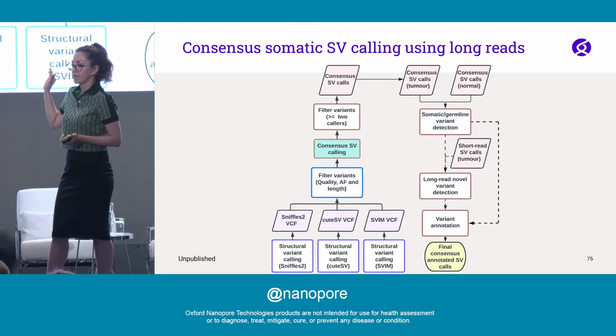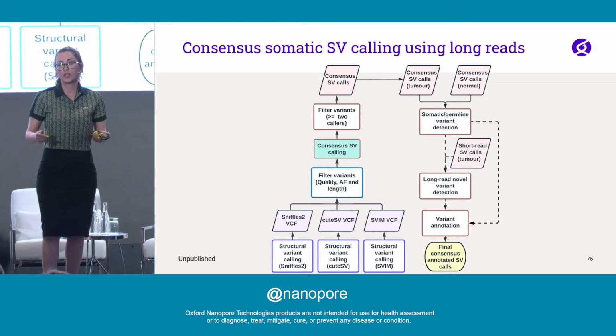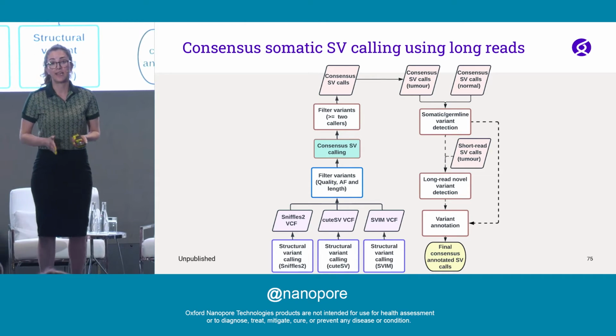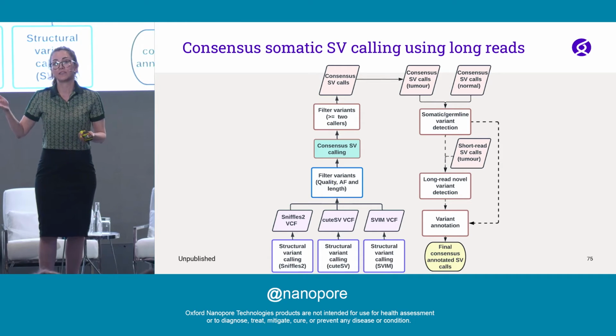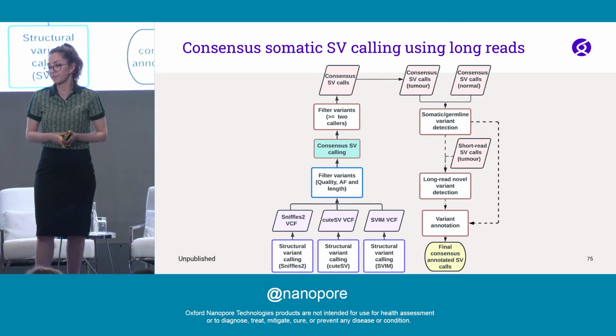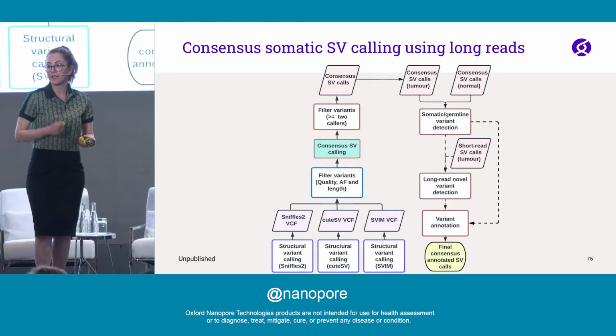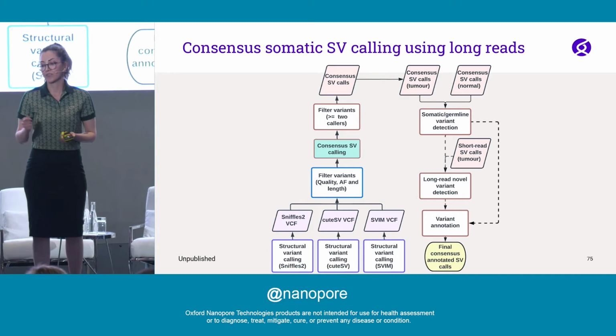There is an optional step: if you have matched short-read sequencing, you can check whether the breakpoints have any evidence in the short-read data or not. Then there is the annotation step, and finally you have the consensus annotated SV calls.